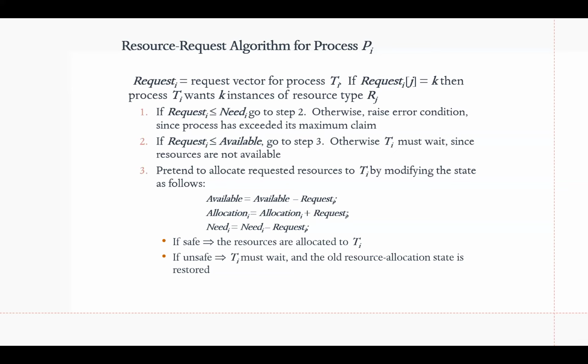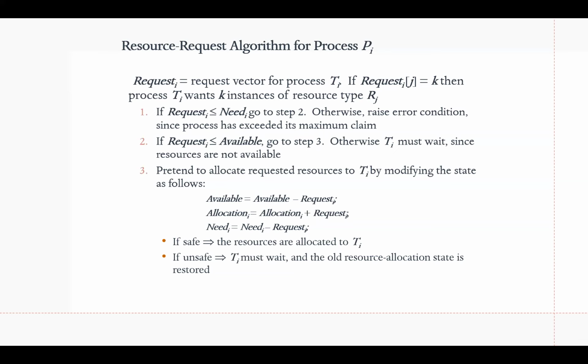If it will, then this algorithm will grant the allocation of the resources to the process. If the system will not be in the safe state, it will say that these resources cannot be granted to the process Pi. That is the basic use of this algorithm.